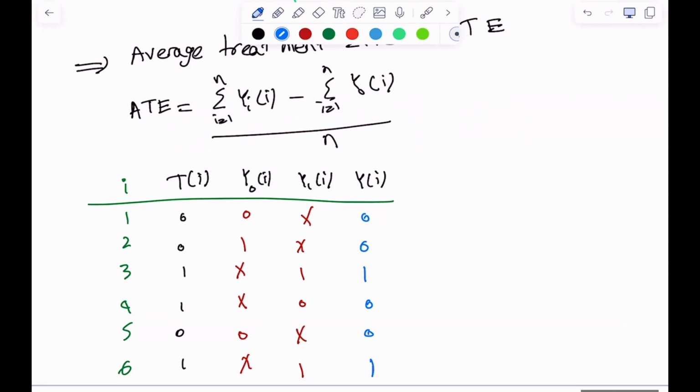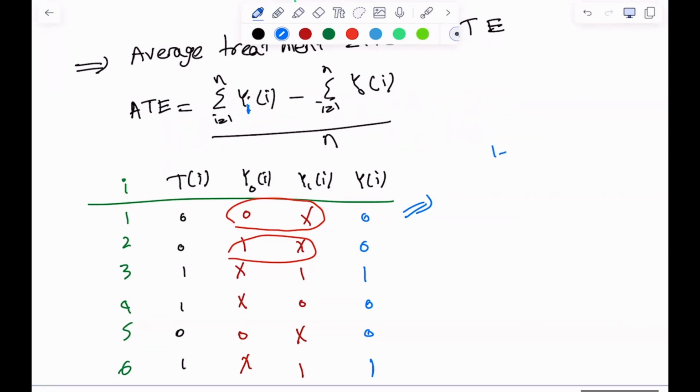Okay. Now, if you calculate the individual outcome, every time you're going to calculate this one, subtract this. So you see that at each point, for each row, this value is undefined, just for each individual. If you calculate the average, what's going to happen here is that we're going to say sum of i from 1 to n, this is for Y1, the potential outcome under treated.